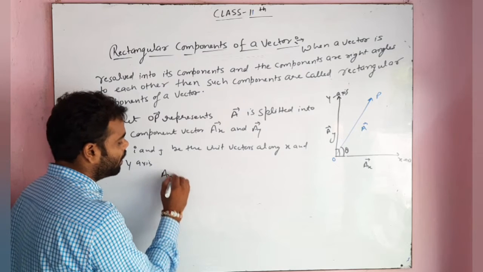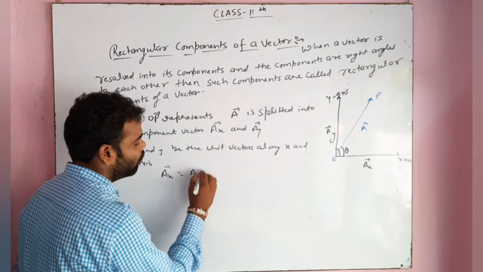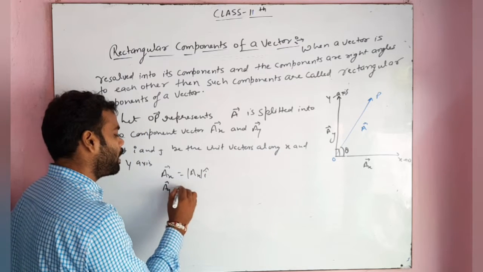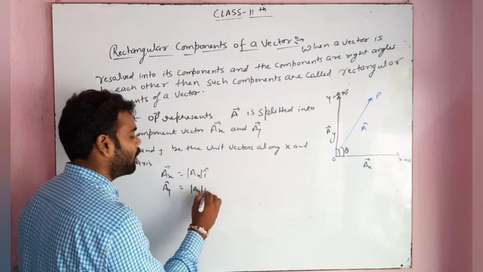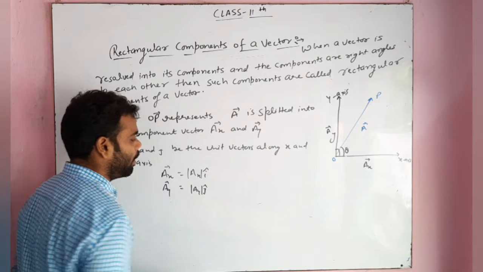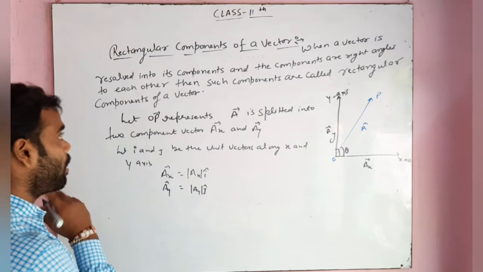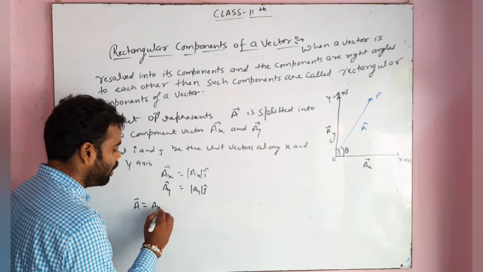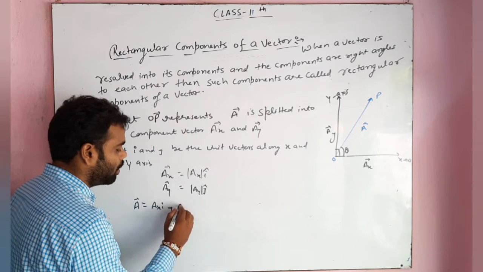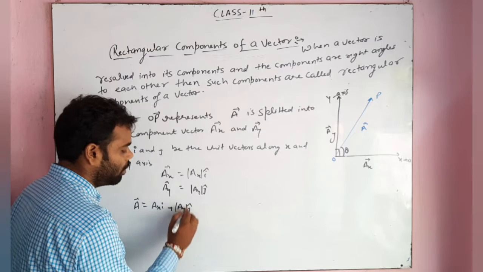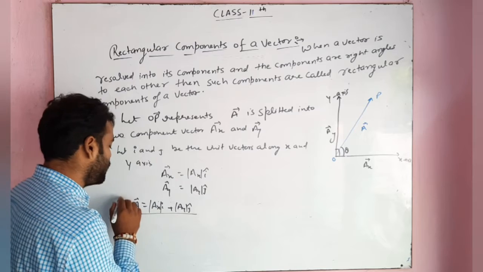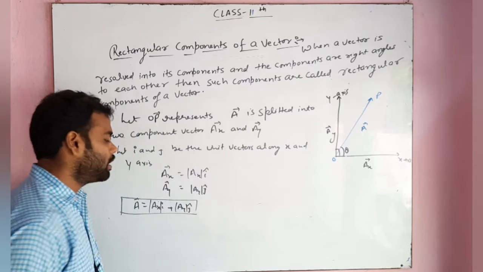So Ax can be written as mod Ax into i cap, and Ay can be written as mod Ay into j cap. Clear? Now the vector A can be written as Ax i plus Ay j. Clear? So this vector A can be represented as Ax i plus Ay j.